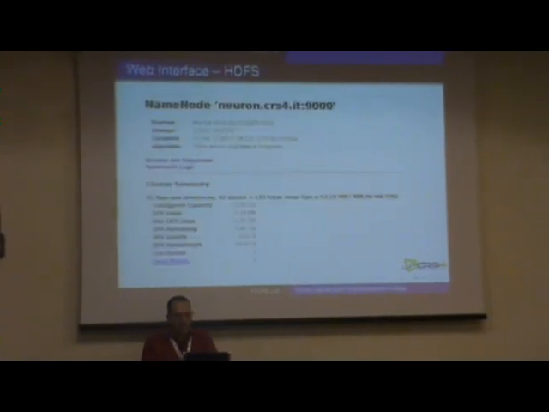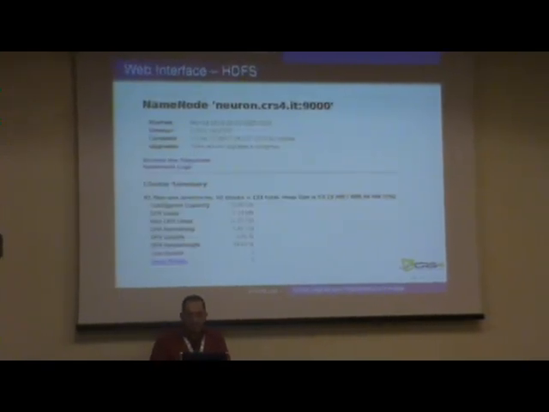This is how the file system interface looks. You get several statistics on file system usage, status information, and you can also browse the file system and look at the files and directories. There is also a shell that works from the command line, which is designed to be similar to the ordinary Unix shell.